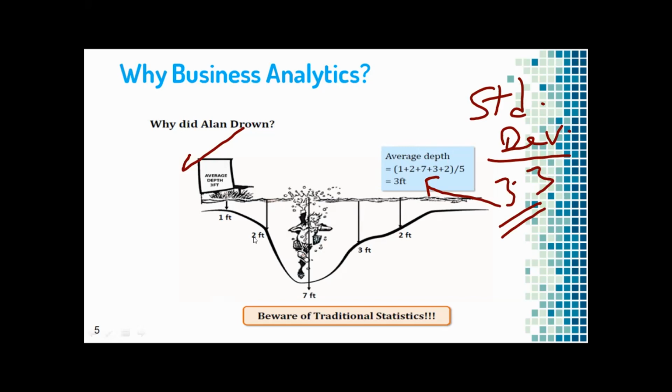3.3 means this average depth can vary, it can be 6.3 also. I've just taken an example, 3.3. It can be more also. So if standard deviation is this, your mean can deviate this much, means your depth can go till 6.3.